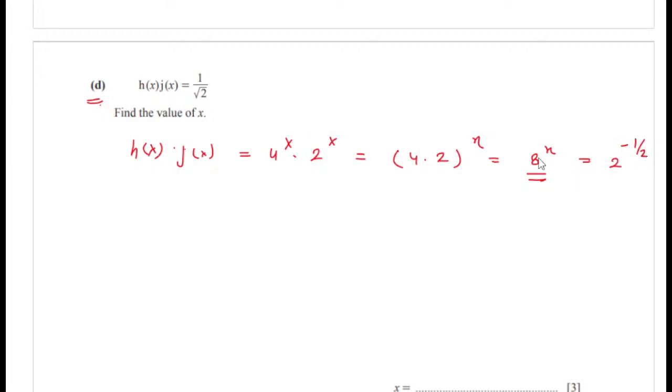So better I represent this 8 in terms of 2: this is 2 power 3x. So 2 power 3x is 2 power minus half. This implies 3x is equal to minus half, which implies x is equal to minus 1 divided by 6. So the value of x you have to find is minus 1 upon 6.